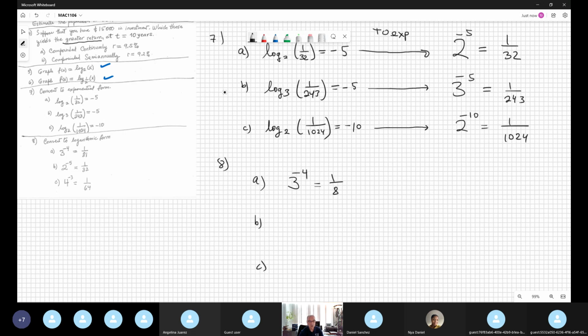I need to convert to logarithm. So now I convert to log, with the corresponding base, of course. 2 to the minus 5 is equal to 1 over 32, and 4 to the minus 3 is 1 over 64. Conversion to logarithm.